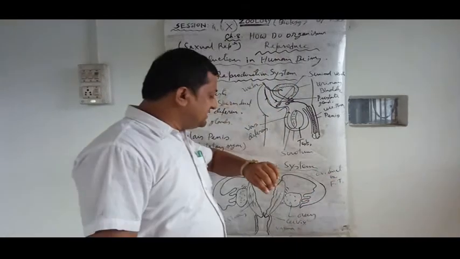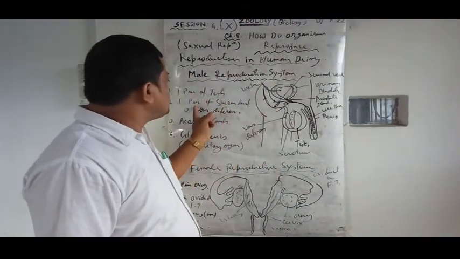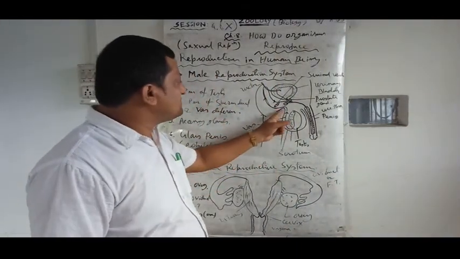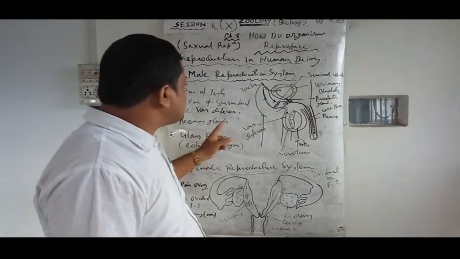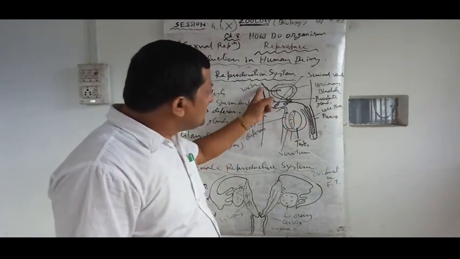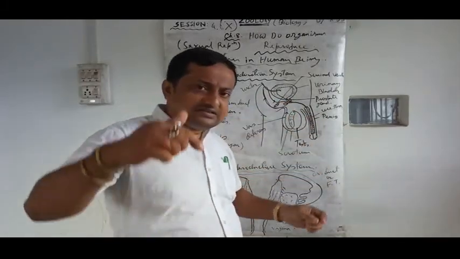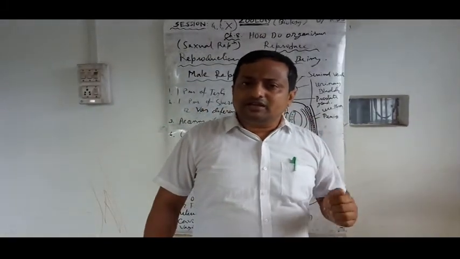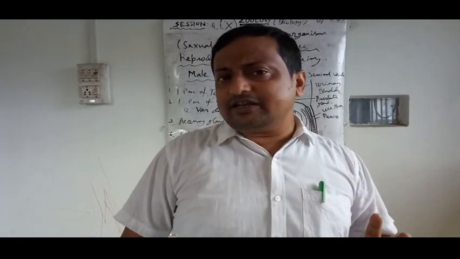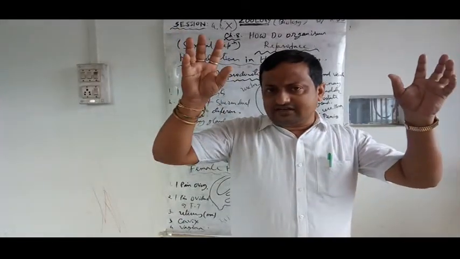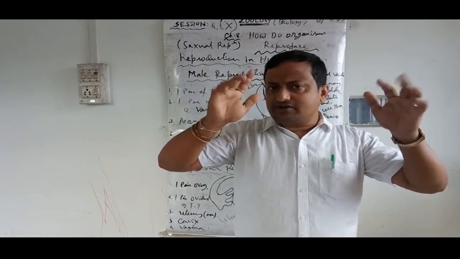Okay, now you see one pair of testis and one pair of sperm ducts. When the sperm duct goes, it goes nearby the urinary bladder. The kidneys are connected through the ureters to the urinary bladder.